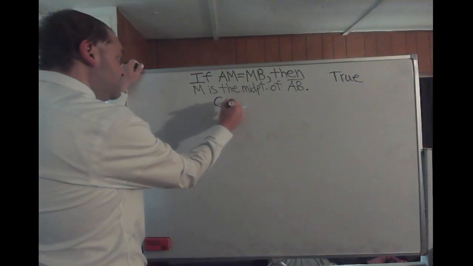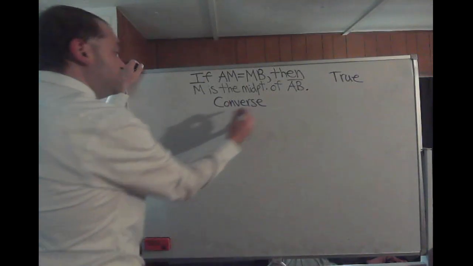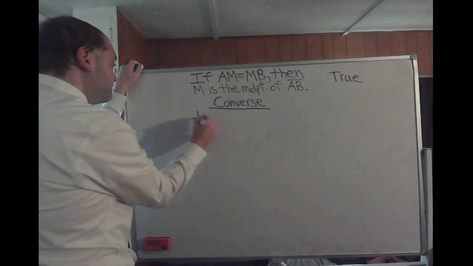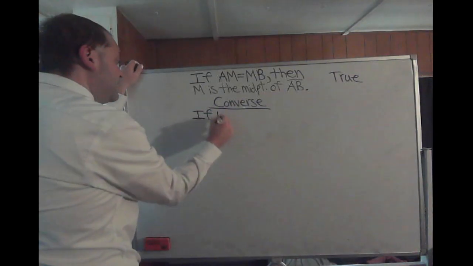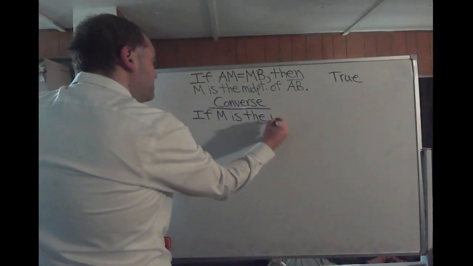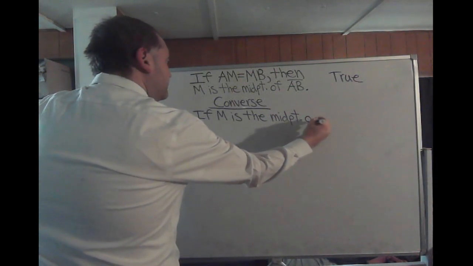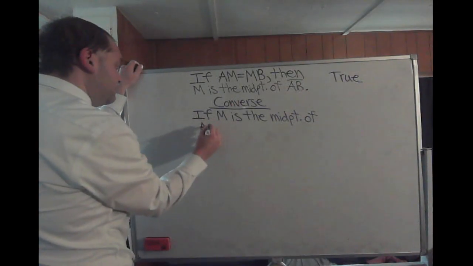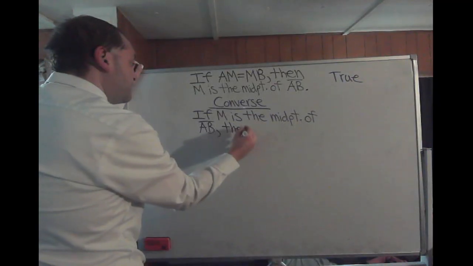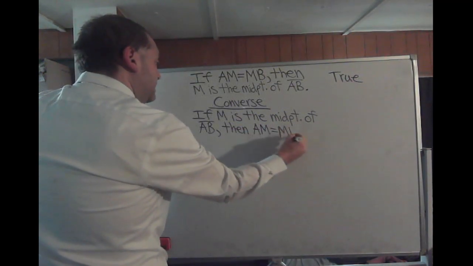Now let's go on to the converse. You're about to find something very interesting here with this one. If M is the midpoint of segment AB, then AM equals MB.